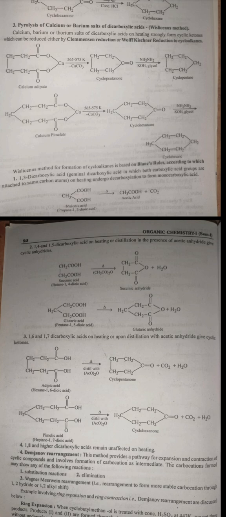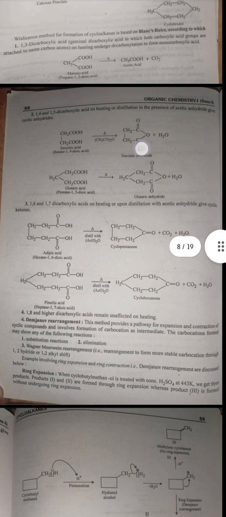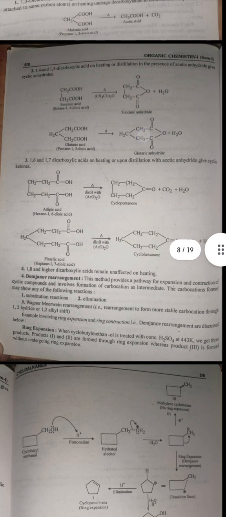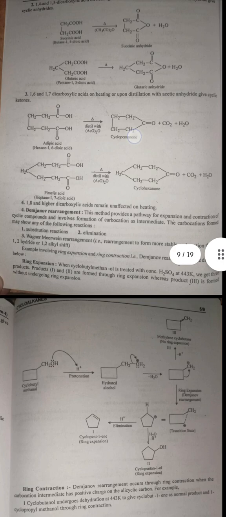Second, 1,4 and 1,5 dicarboxylic acids on heating or distillation in the presence of acetic anhydride give cyclic anhydrides. Third, 1,6 and 1,7 dicarboxylic acids on heating or upon distillation with acetic anhydride give cyclic ketones. Fourth, 1,8 and higher dicarboxylic acids remain unaffected on heating.